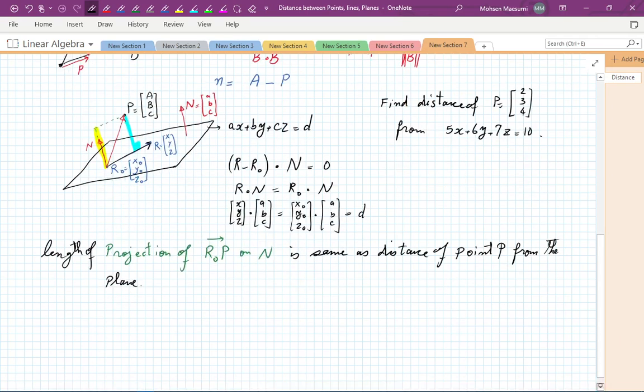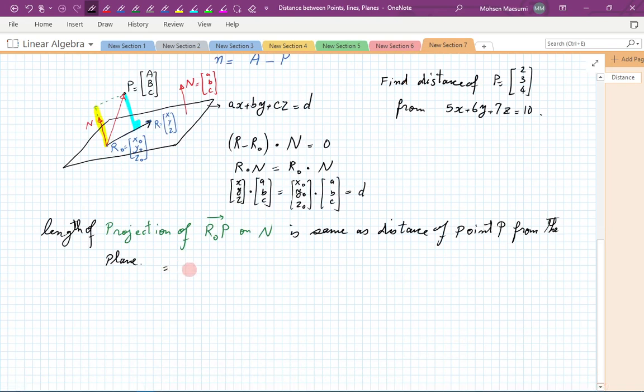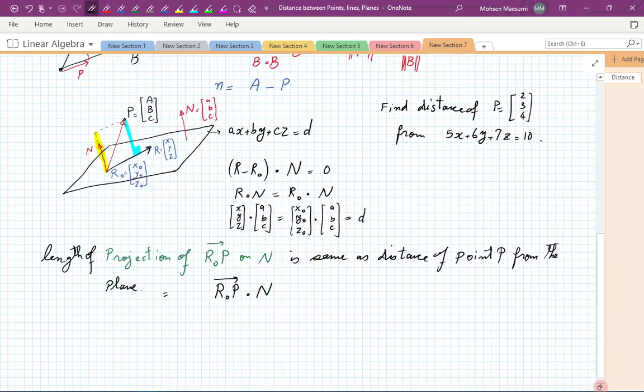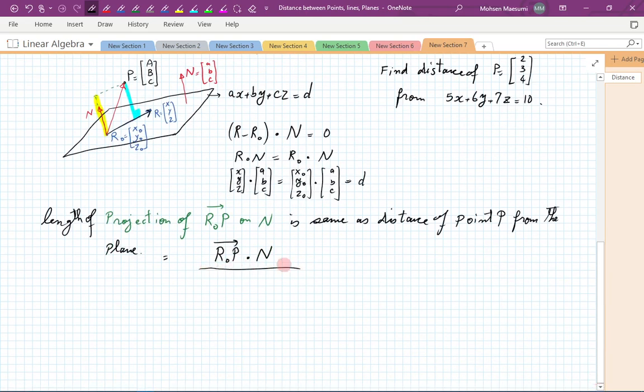So what I have to do to find this is I take r0P, this vector, dot it with n according to this formula, find the absolute value of that, divide by the length of n. So the length of n is this length of n. That's what we have to do.